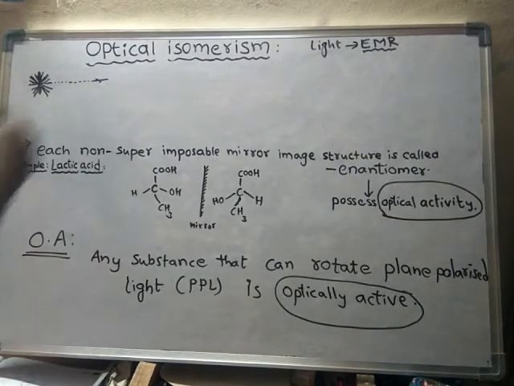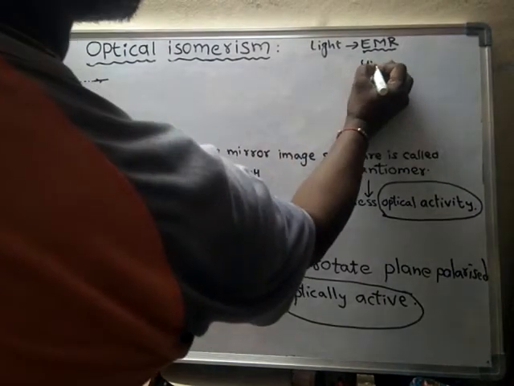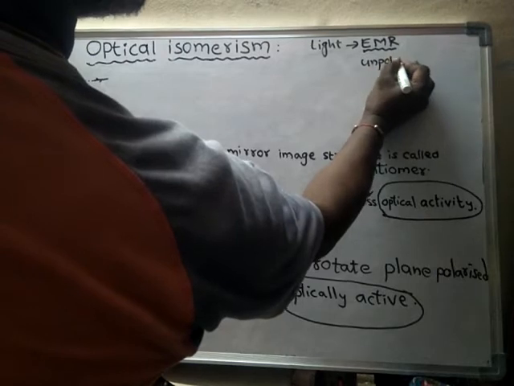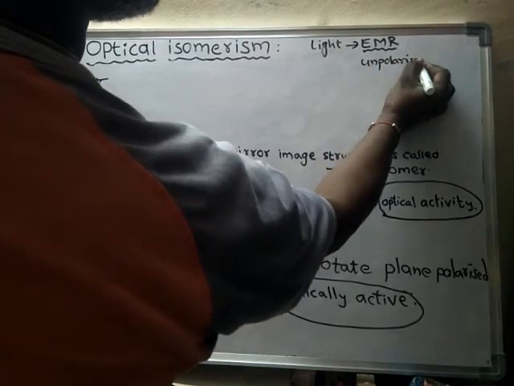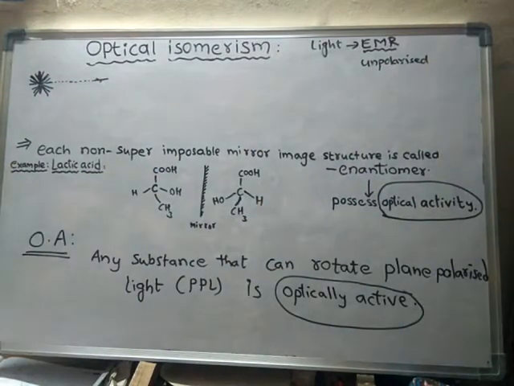Such light is said to be normal light, and it is unpolarized, because it vibrates in all different planes.